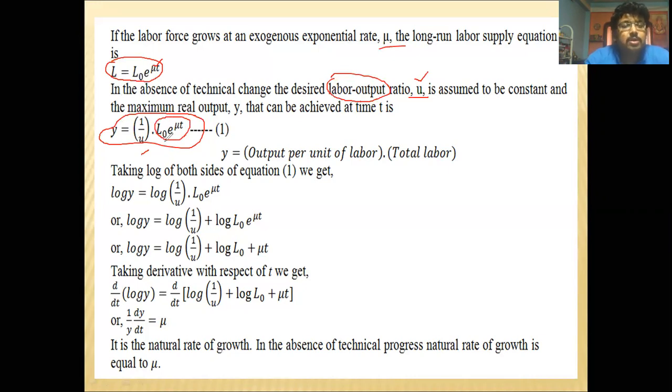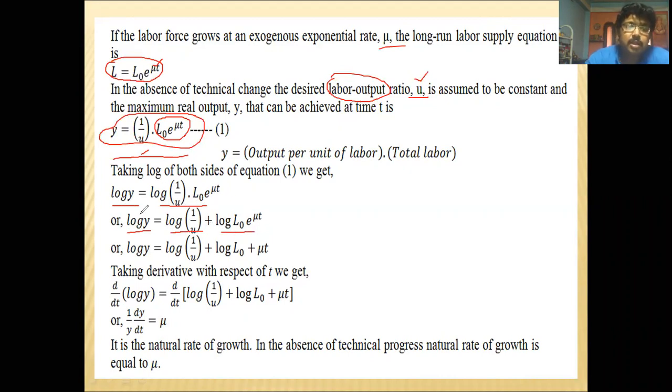Now to find out the growth rate of the income, we take the log of both sides. We get log Y equal to log 1 by U plus log L0 plus mu t.